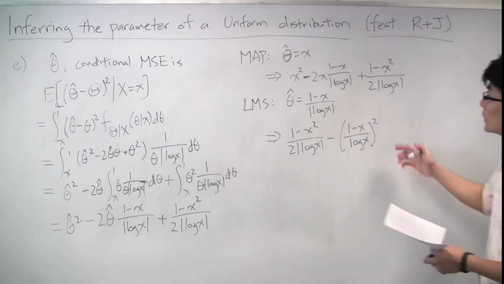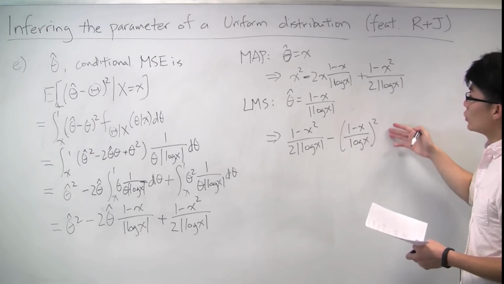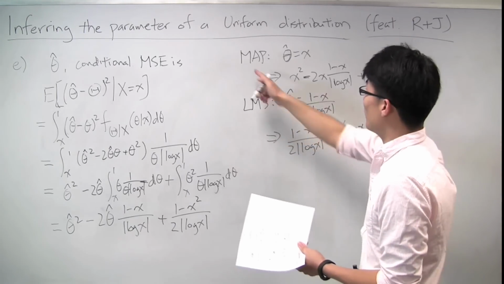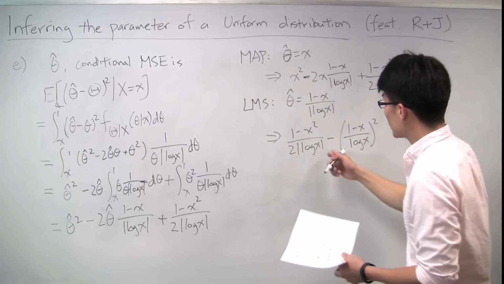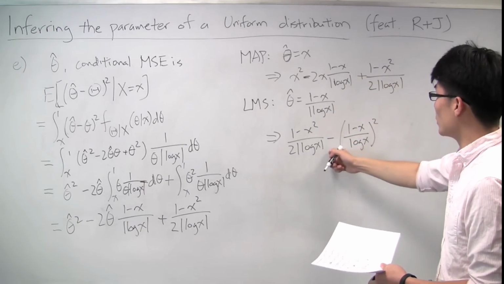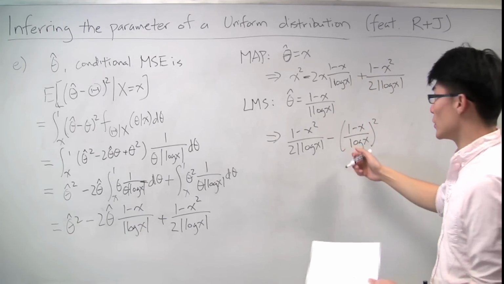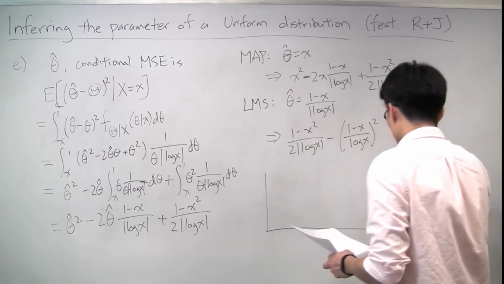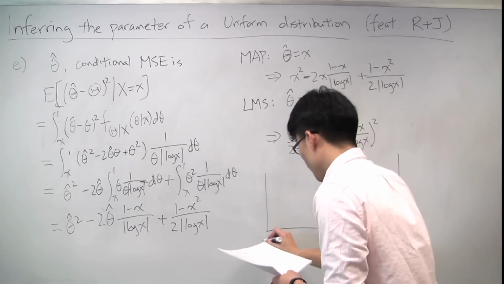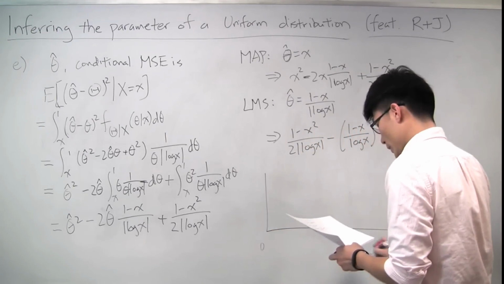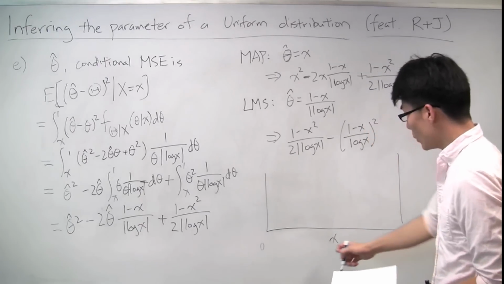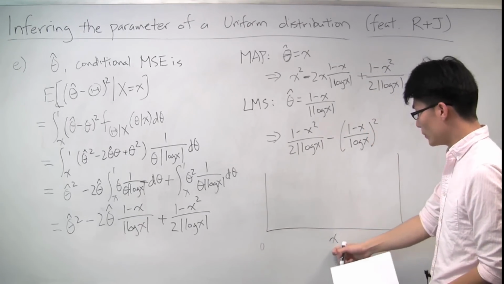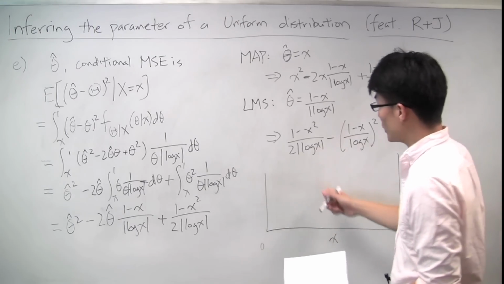Okay, so these two expressions tell us what the mean squared error is for the MAP rule and the LMS rule. And it's kind of hard to actually interpret which one is better based on just these expressions. So it's helpful to plot out the conditional mean squared error. So we're plotting, for each possible data point x that we observe, what is the mean squared error?